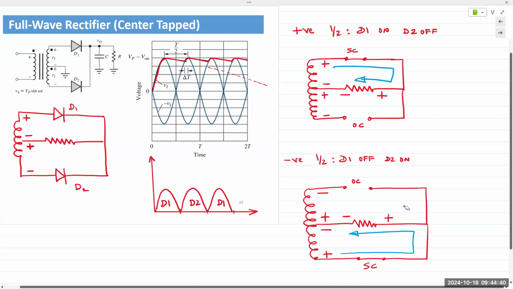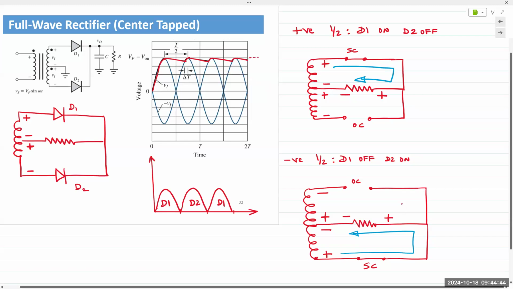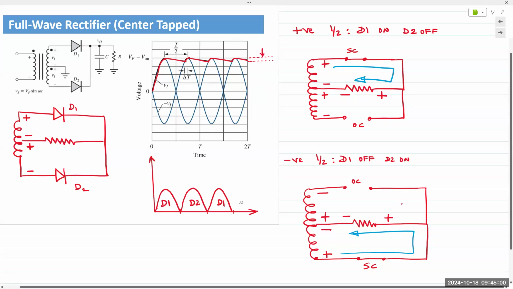And so now what we have done is we have taken the output waveform and reduced its peak to like millivolts. This is known as the ripple because it's like ripples of waves.